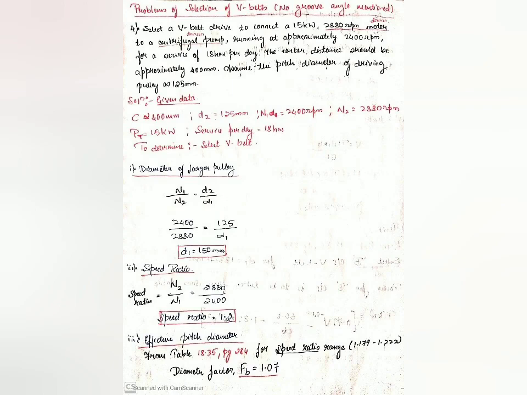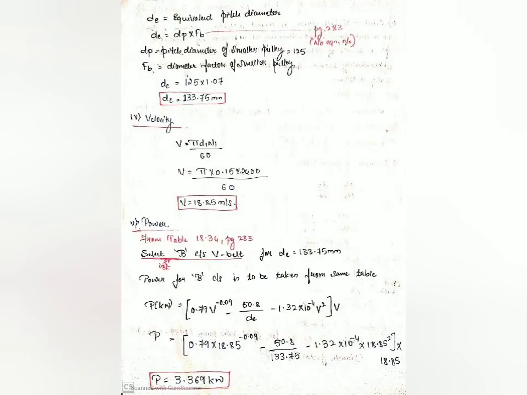Next step is to find out what is the effective pitch diameter. So for effective pitch diameter, page number 283, the equation is given to you as d equal to dp into fb, where dp is the pitch diameter of the smaller pulley, which is 125 mm, and fb is the diameter factor of the smaller pulley. To find out the diameter factor of the smaller pulley, we require the speed ratio.